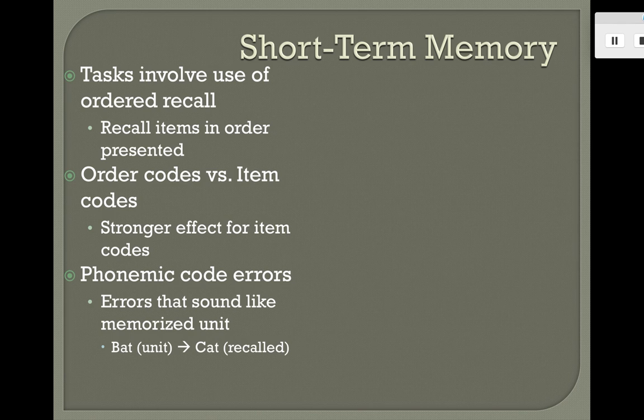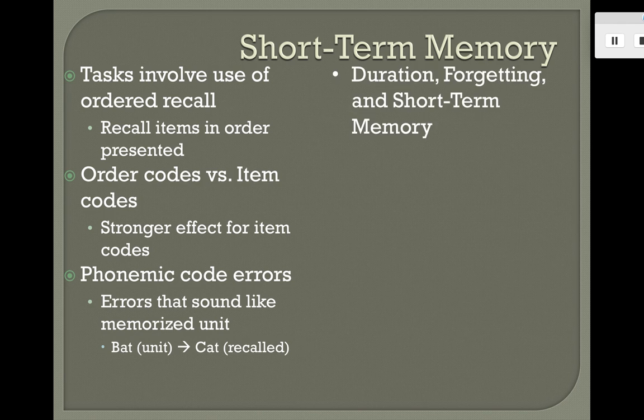But if you present somebody with bat and they recall tiger, that's a weird one, because they shouldn't recall tiger since the sounds are so vastly different. They shouldn't say, oh sorry, bat and tiger sound very similar to each other, that's why I produced tiger rather than bat. In reality, they share no phonemic similarity.